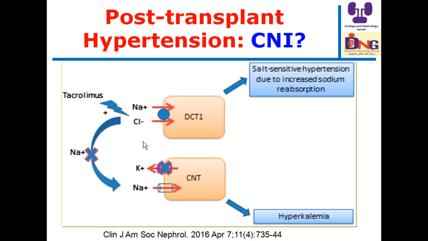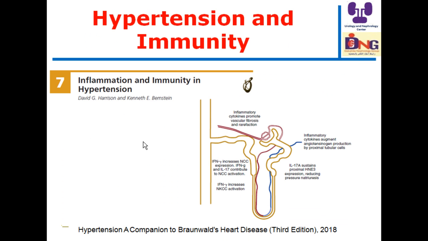So long as we're speaking about transplantation, there is a correlation between inflammation, immunity, and hypertension. If you look at this slide and this figure, you can see different sites. Here, inflammatory cytokines promote vascular fibrosis and retraction. Inflammatory cytokines augment angiotensinogen production by proximal tubular cells.